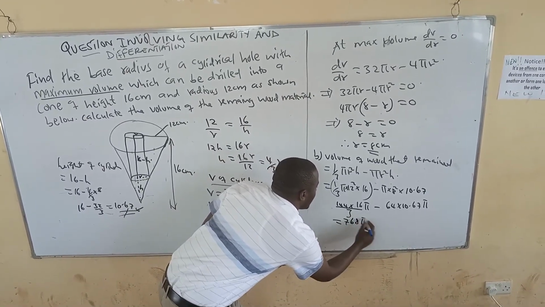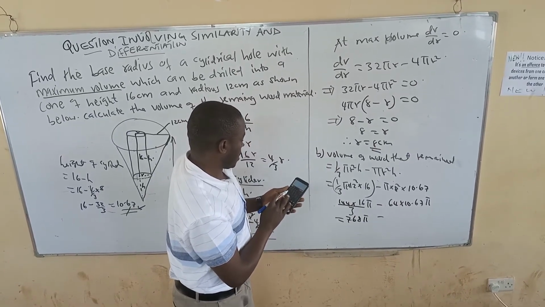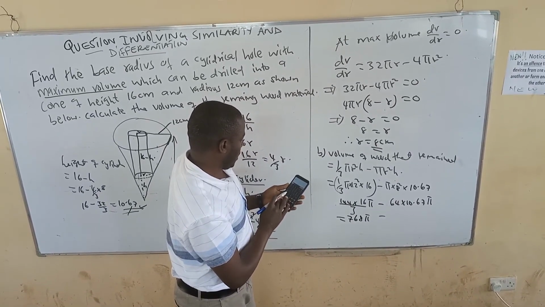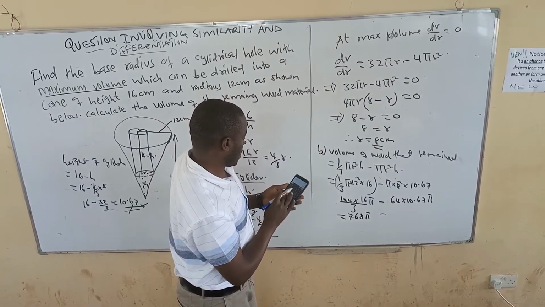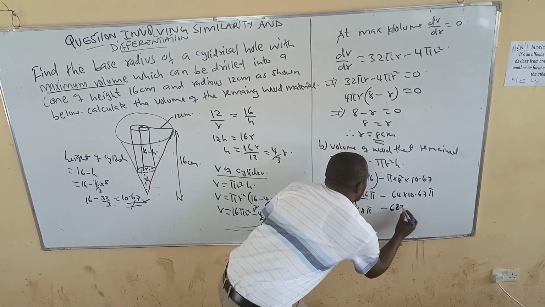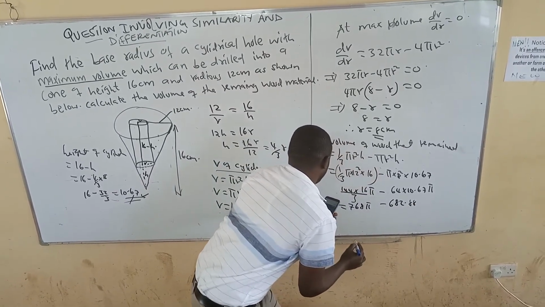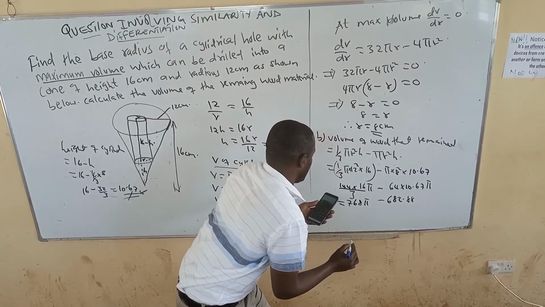Then we have pi. Then minus, you multiply by using your calculator, 64 times 10.67. If you multiply, you get 682.88.